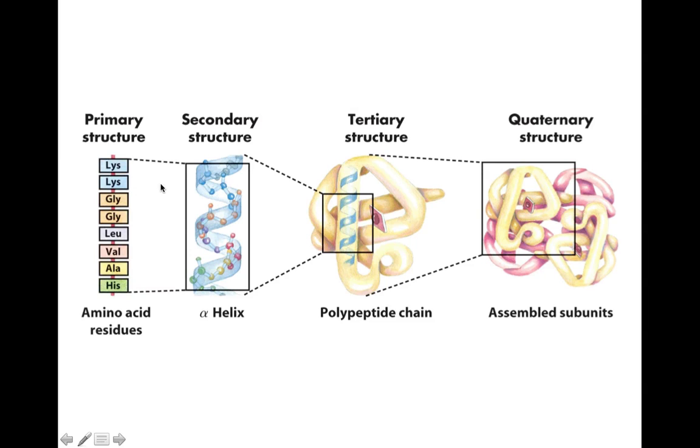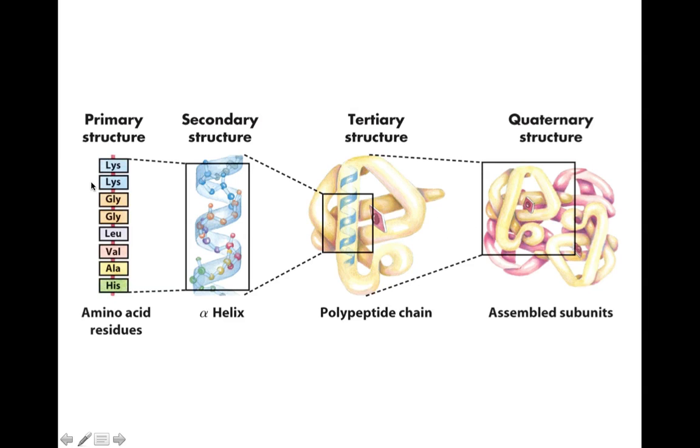And as you go from primary to tertiary, there's increased folding in that polypeptide chain. So you start off with the primary structure, which has no folding whatsoever, to when it starts to fold and you have secondary structure, and then further folding will lead to tertiary structure. Now to get to the quaternary structure, that's where you have more than one polypeptide chain involved.